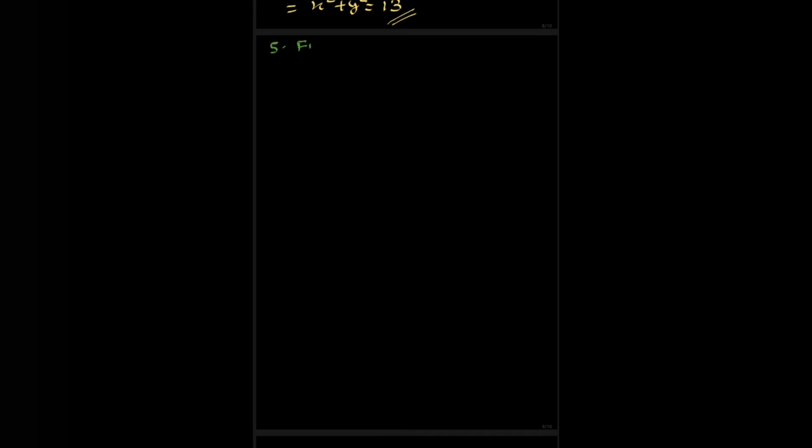Find the values of a if 2x square plus ay square minus 3x plus 2y minus 1 equal to 0 represents a circle and also find its radius.